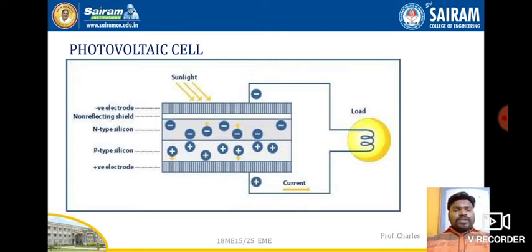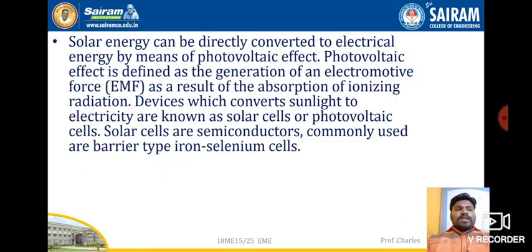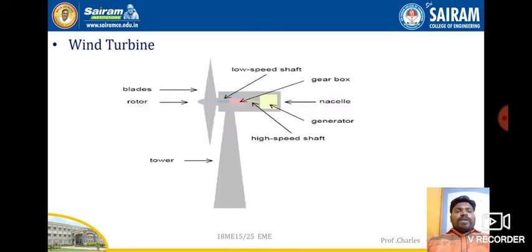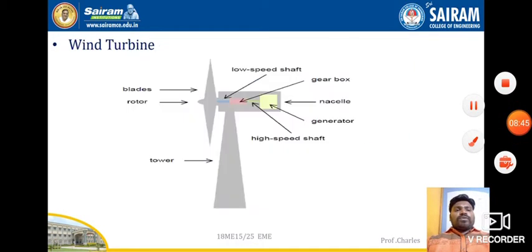During this journey, that flow of electrons is nothing but the current, and if you put some load in between, you'll get the current. So that is how we are going to make use of this photovoltaic cell.